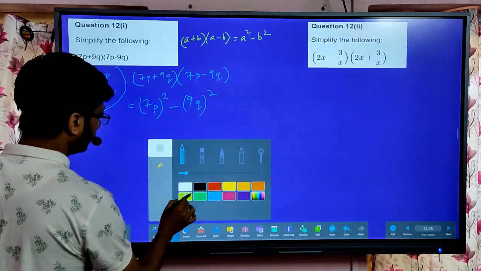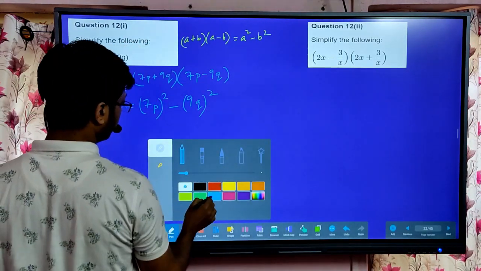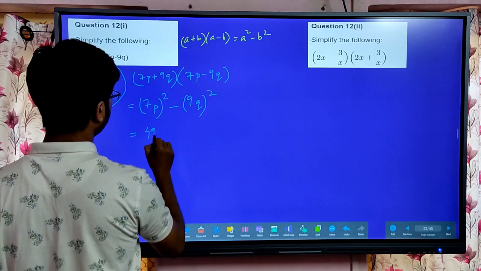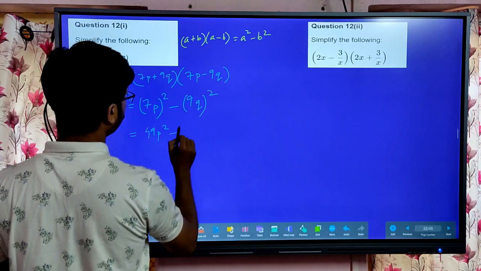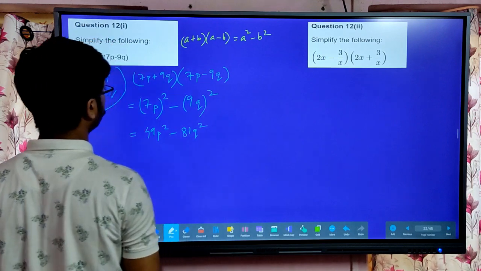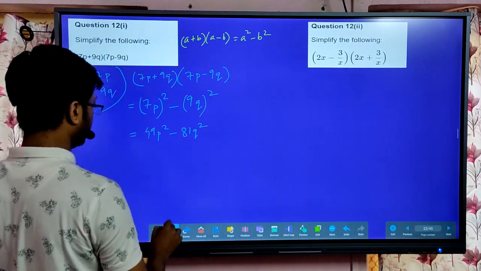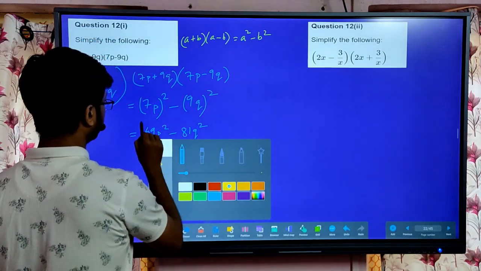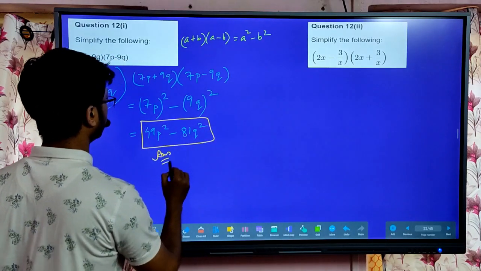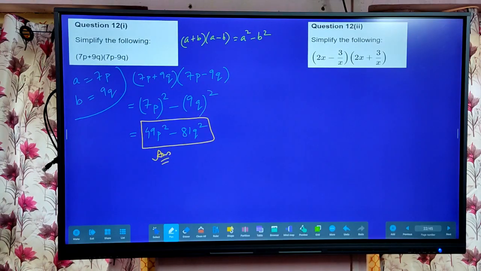So it will be 7 square is 49, minus 9 nines are 81 q square. So this will be your answer. Pause the video, write it down. We'll move to the next question.